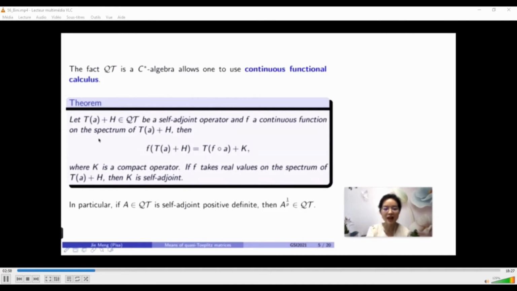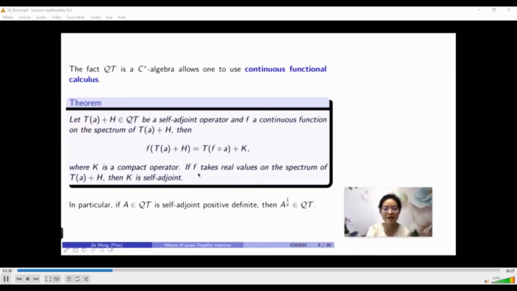In fact, if T(A) plus K is in the Qt class, and suppose it is self-adjoint, and suppose f is a continuous function defined on the spectrum of T(A) plus K, then f of T(A) plus K is well defined, and we prove that this matrix is again a quasi-Toeplitz matrix, and the symbol associated with this Toeplitz part is the composition of f and a, and this matrix K is a compact operator in the L2 space.